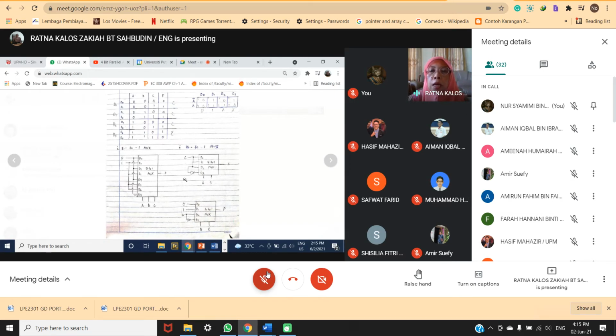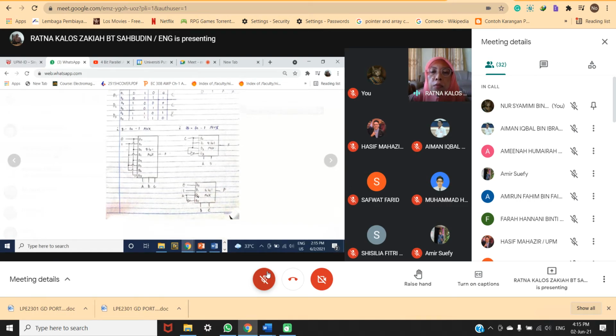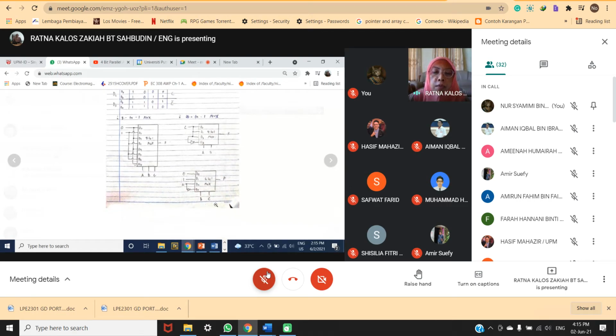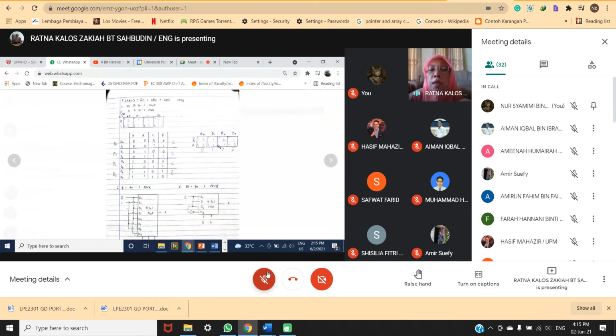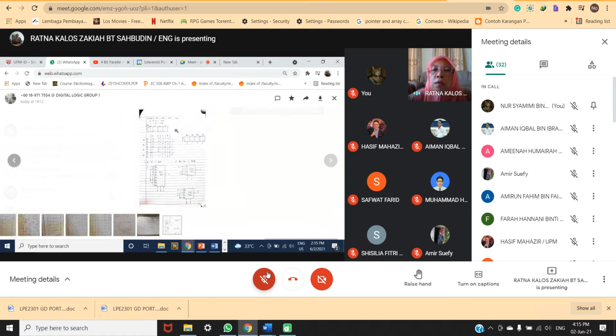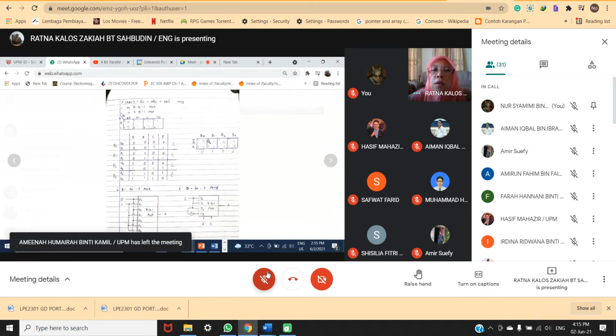Now look at the one with 4 to 1 mux. Here your select is BC. If you use the other table, not the truth table, it is much easier.